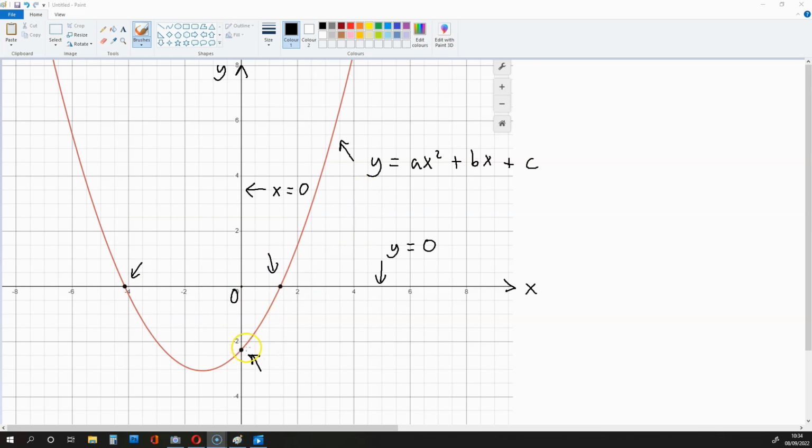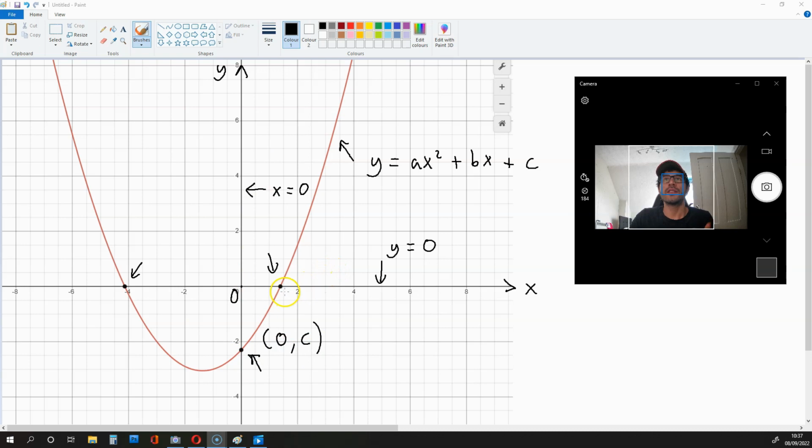Now this coordinate over here is going to have the x value 0, and if we plug x equal to 0 into this equation, or the graph, what we get is y equal to c. So the y-intercept is going to be equal to c, and this coordinate is 0, c.